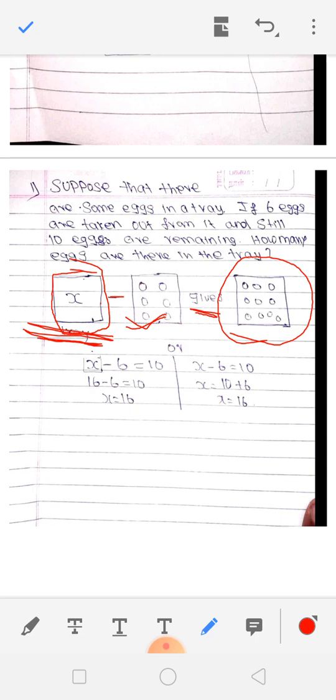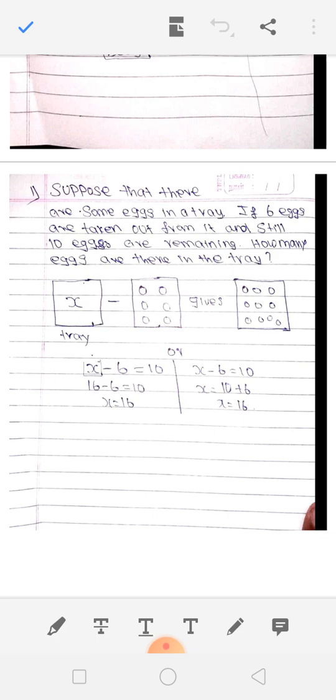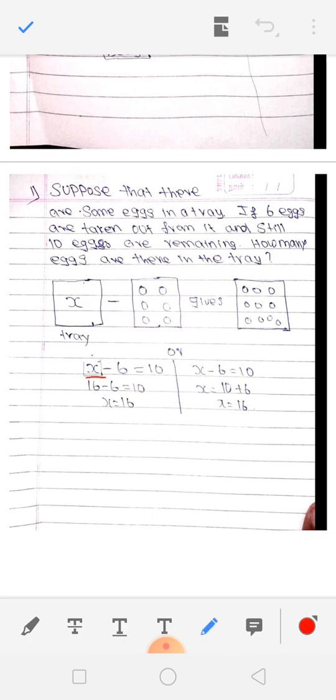Now look at this line. x is an unknown value. x is the tray. So x in the tray, minus the 6 I have taken, and the remaining is 10. So what is the value of x? If I put any value for x, that value minus 6, the answer should be 10.